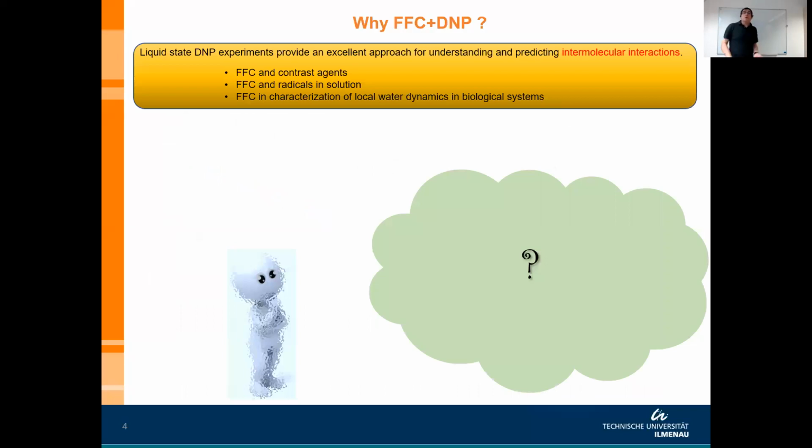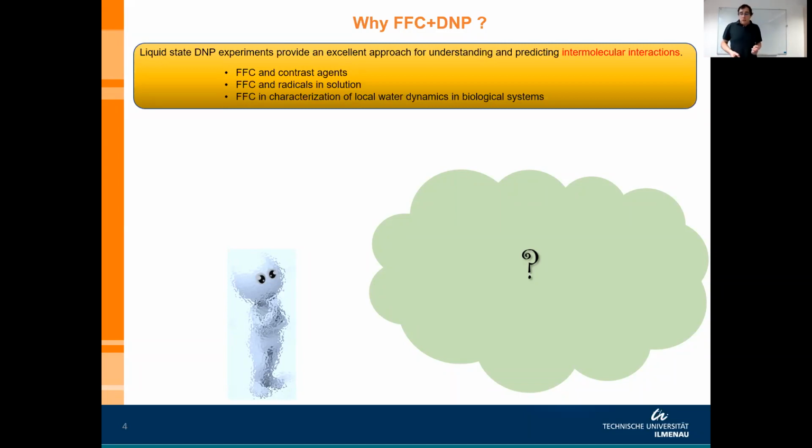But what is it about field cycling and DNP? First of all, for DNP, we need the presence of these electrons that are carried by the radicals, for example. And then there is a lot of work done in field cycling, basically with samples of interest, with the nuclei of interest, and radicals, not with DNP, but field cycling combined, studying systems, molecules with radicals.